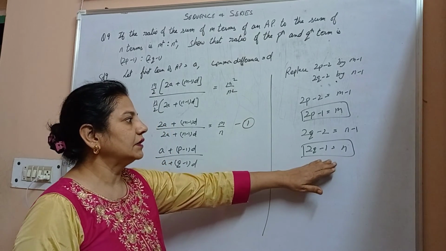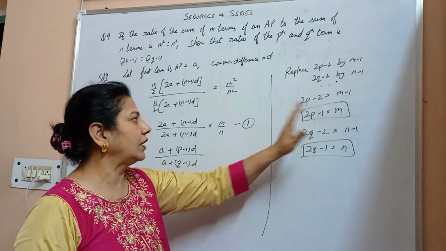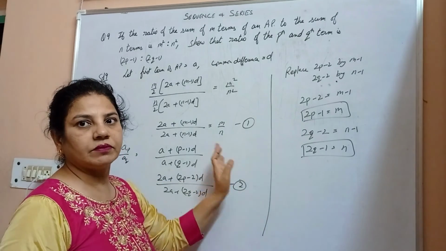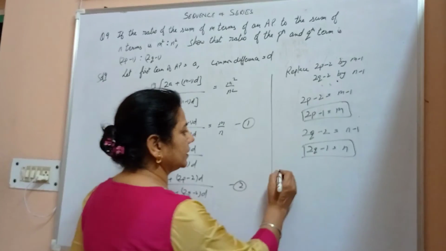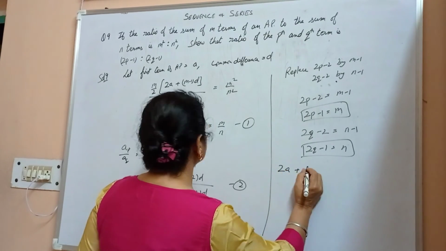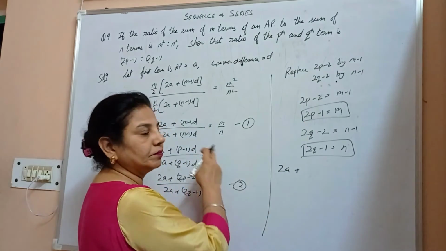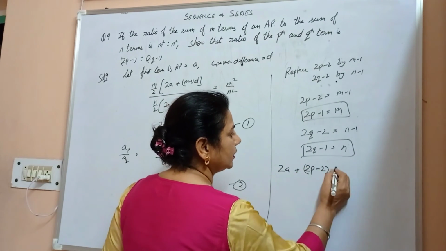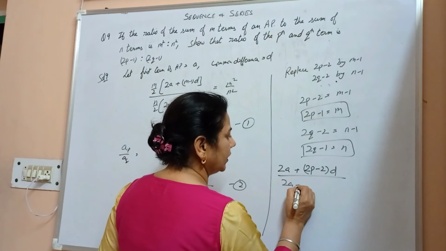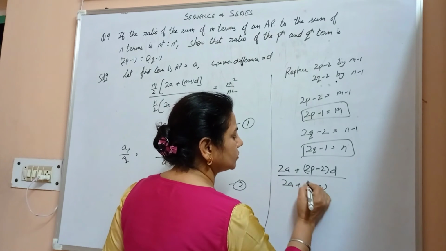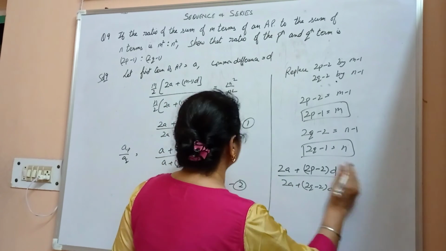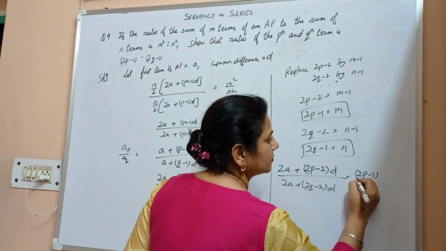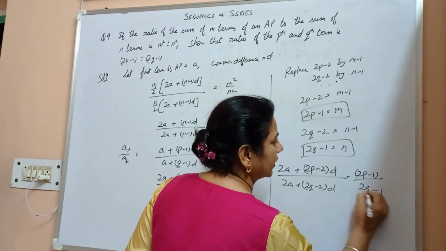Simply, I put the values of m and n in equation number 1 and we get the result. So I get 2a plus (2p minus 2)d upon 2a plus (2q minus 2)d, which is equal to, instead of m I am writing 2p minus 1, divided by 2q minus 1.